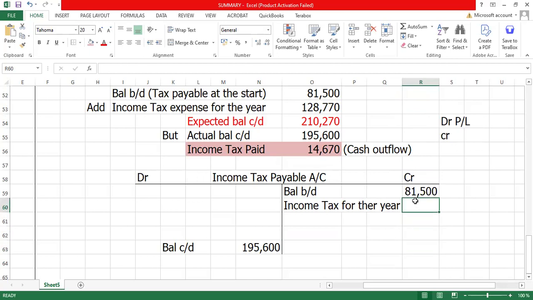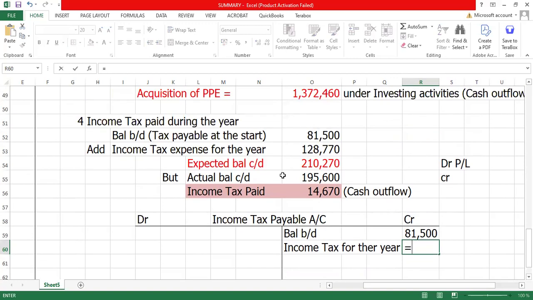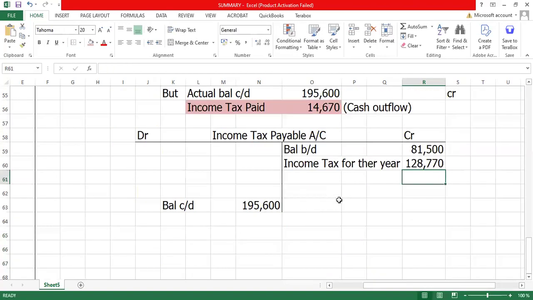I don't really recommend that you use this approach. It takes time and you can be confused. Income tax for the year is what? Is this one? 128. Yes. And now, once you have this, you close off.